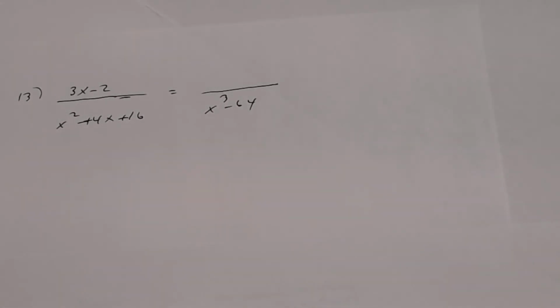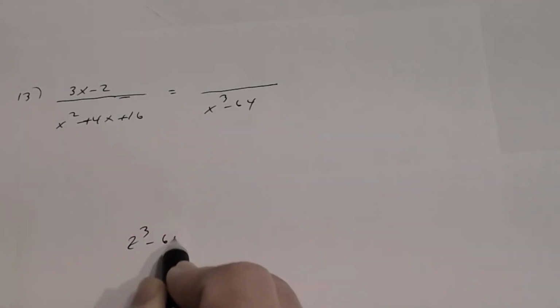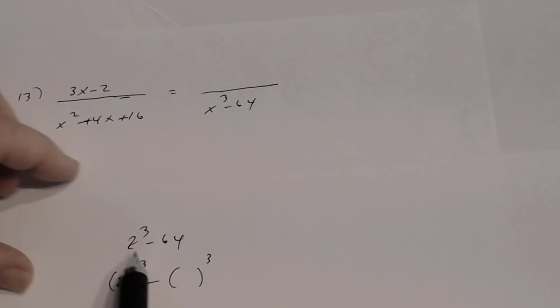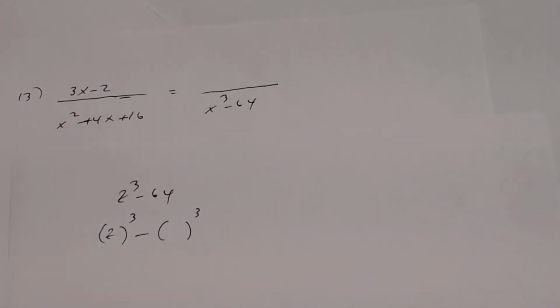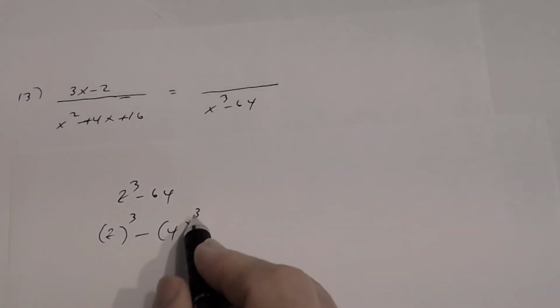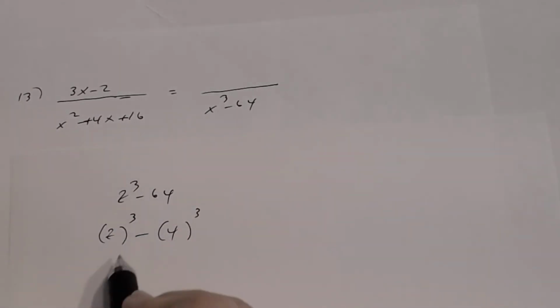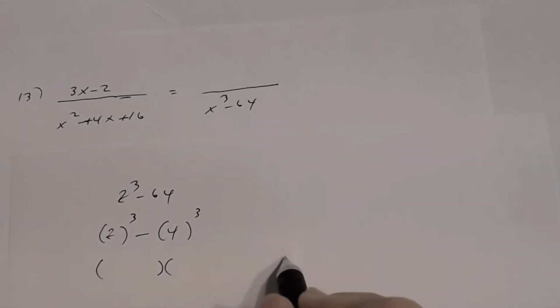So I have z cubed minus 64. And so I know this is a difference of two cubes because I can fill in these parentheses. So z times itself 3 times is z cubed, and then 4 times itself 3 times is 64. And so therefore, remember, when factoring the difference of two cubes, it's a binomial times a trinomial.